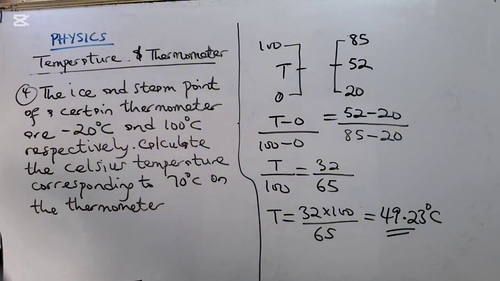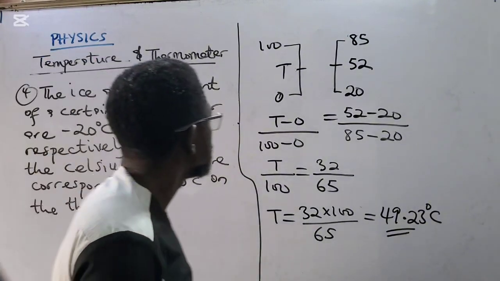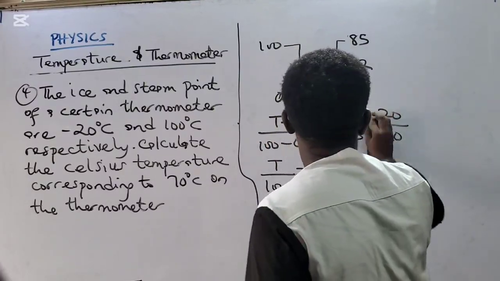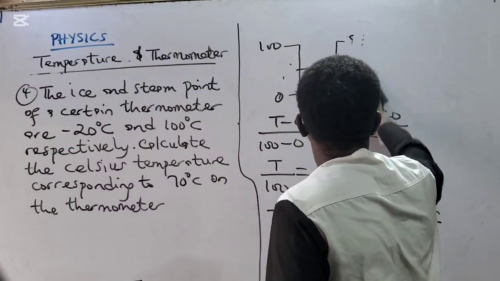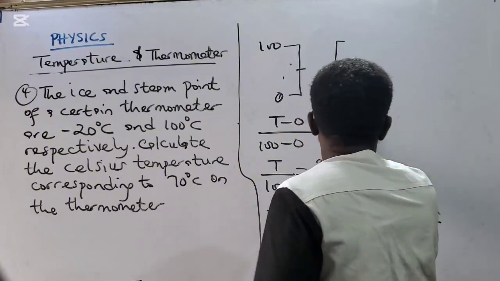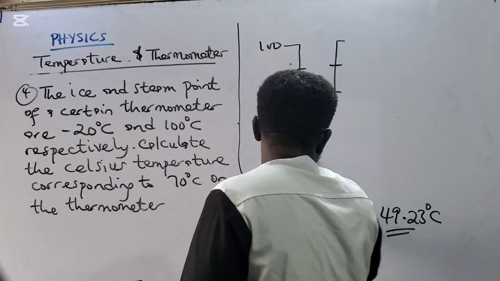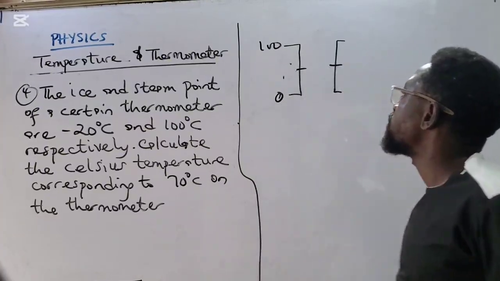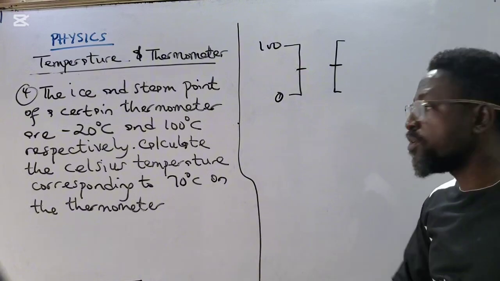Now, when you have a question like this, we'll use the same diagram again. It doesn't matter the type of thermometer given. Just compare the lower and upper fixed points of 0 and 100.